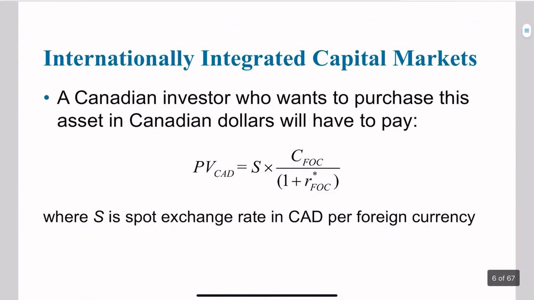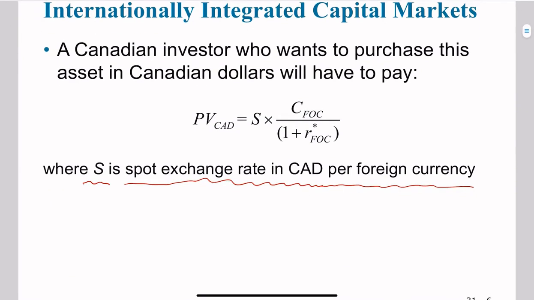So let's assume S is the spot exchange rate. To be more specific, S is the spot exchange rate in Canadian dollars per foreign currency. It means if we are thinking about the US, then this S is Canadian dollars per US dollar, right?